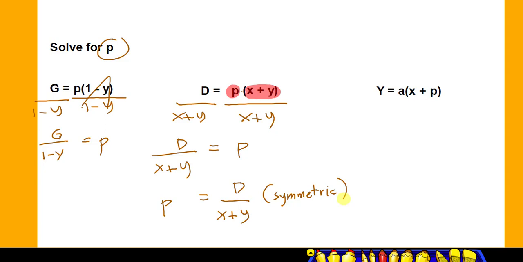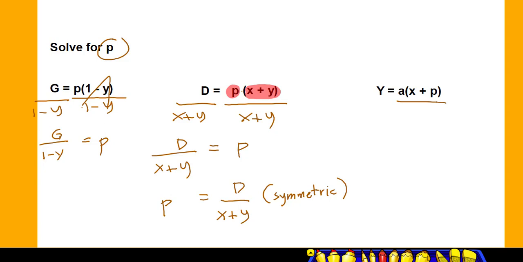So we cannot just divide right away by x plus p, because we need the p, and if we introduce another p, that will make it more complicated. So if the variable that you want is inside the parentheses, try to get rid of the parentheses first.